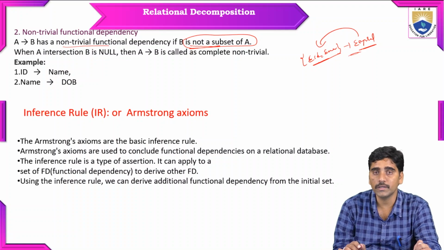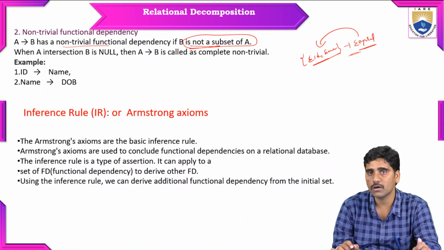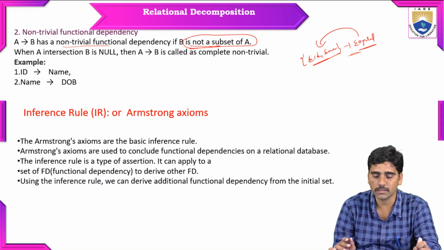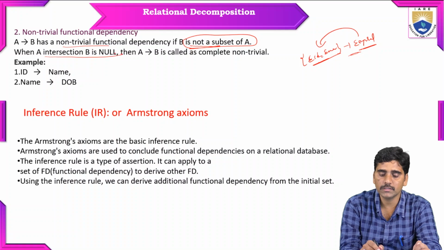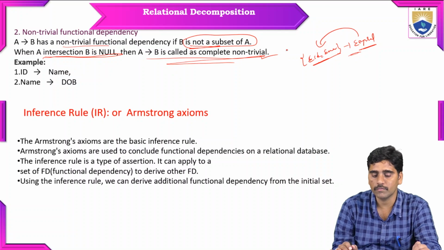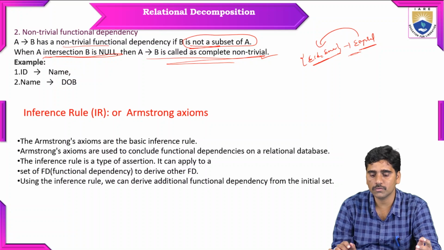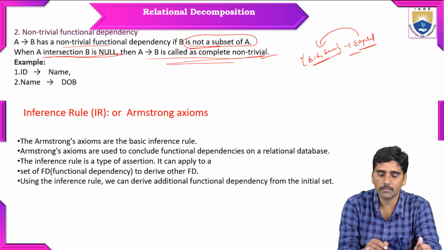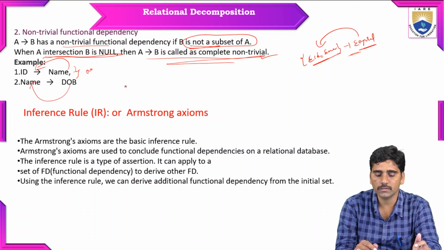So A tends to B is a non-trivial functional dependency if B is not a subset of A. When A intersection B is null, then A tends to B is called completely non-trivial. For example, ID tends to name, and here this is non-trivial because name is not a subset of this, and here date of birth is not a subset of this. Hence we can say that this is non-trivial.